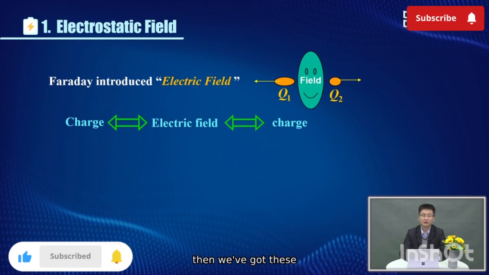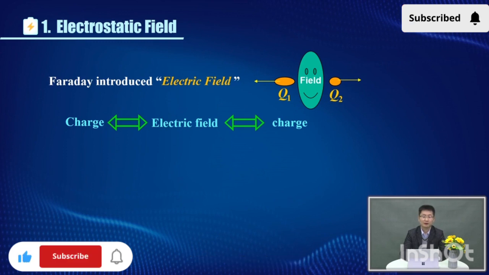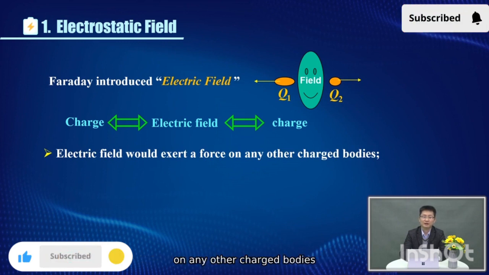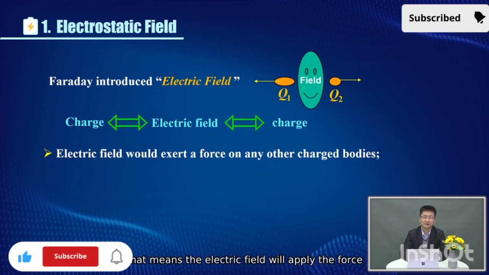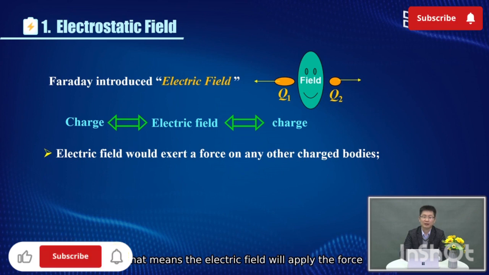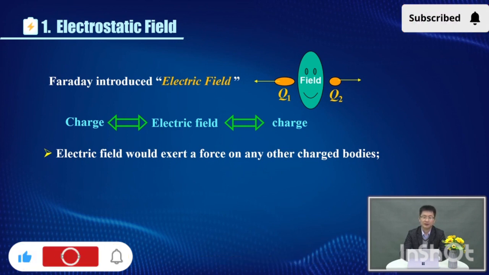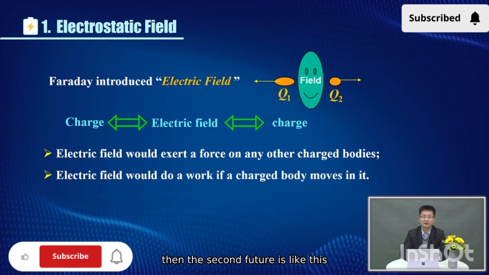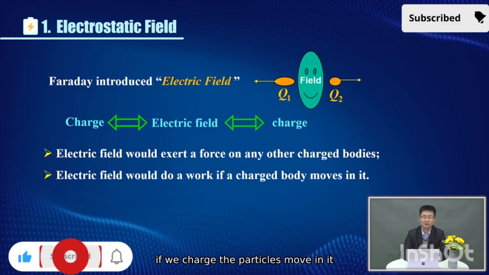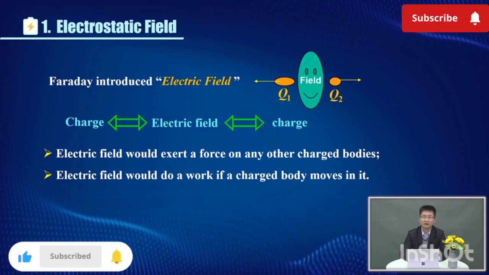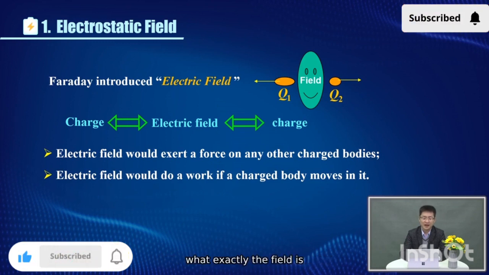Then we get these features of the electric field. First, the electric field will exert a force on any other charged bodies. That means the electric field will apply a force to the charged particles inside of it. The second feature is that the electric field does work if the charged particles move in it. From these two features, we can learn what exactly the field is.